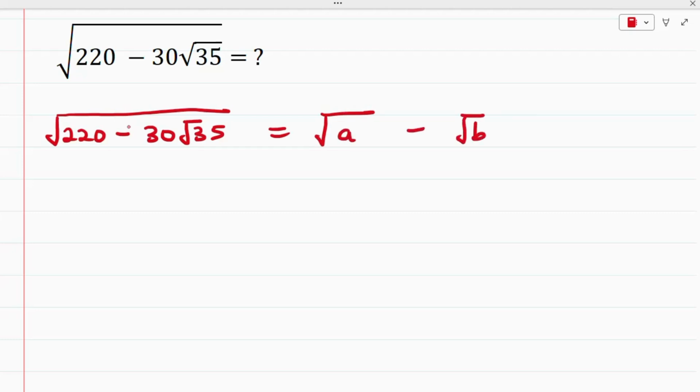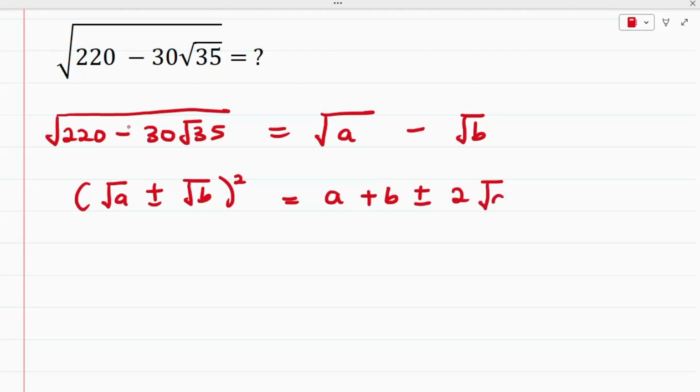Now, this was gotten from the property of nested radicals that says that if we have the root of A plus minus the root of B, all squared, this is equal to A plus B plus minus 2 into the root of AB. We were able to get this right here from this property.